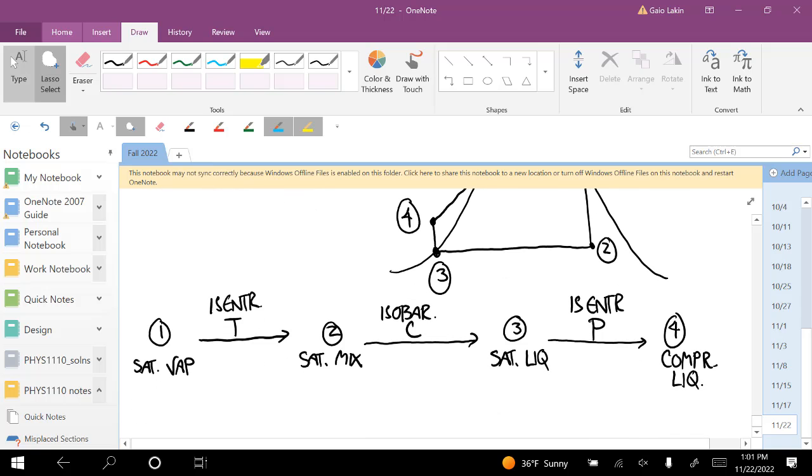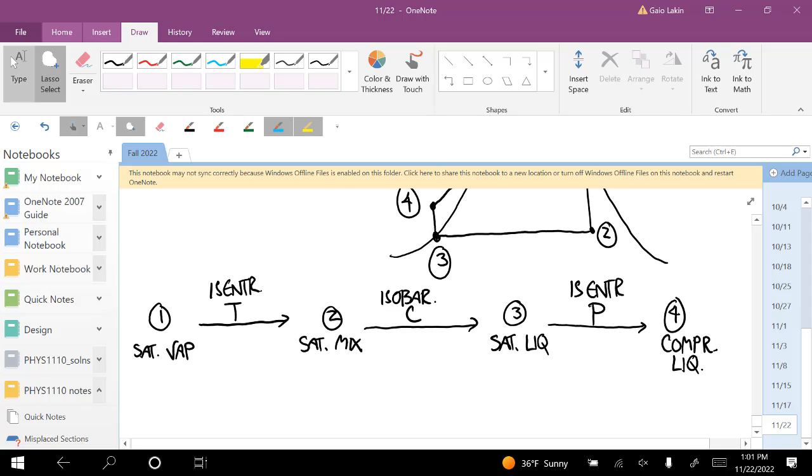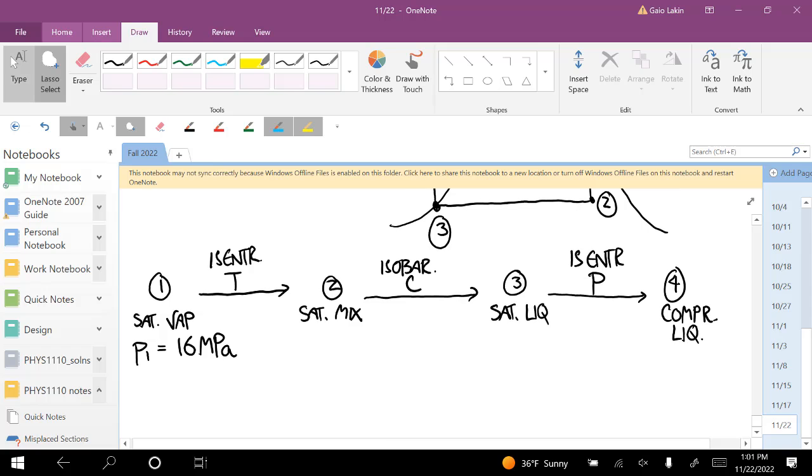And now we can start filling out the stuff that it gave us. It enters the turbine at 16 megapascals, so P1 is 16 megapascals. Since the boiler is isobaric, that means that P4 is also 16 megapascals.